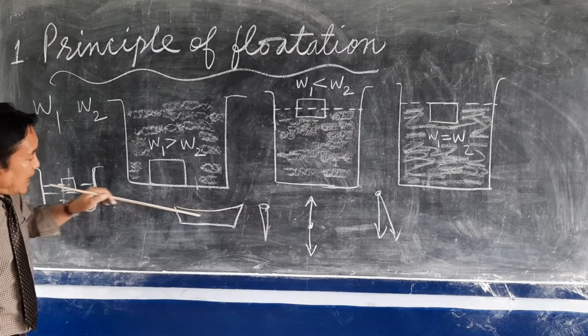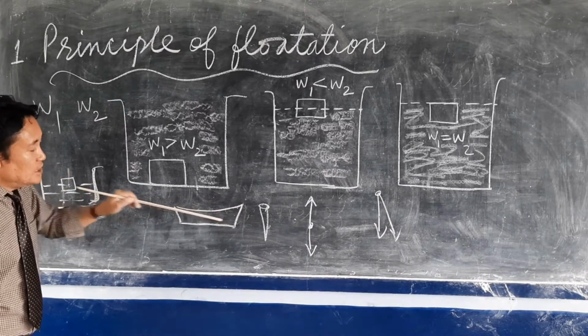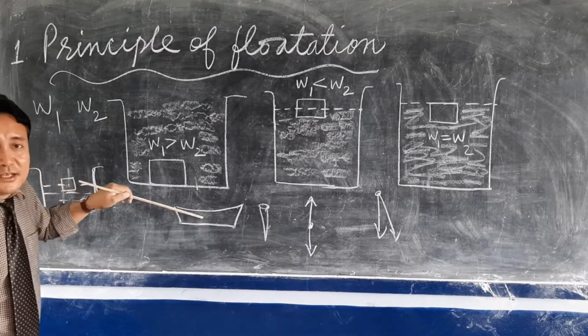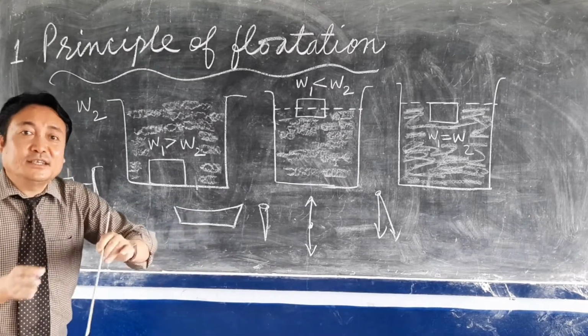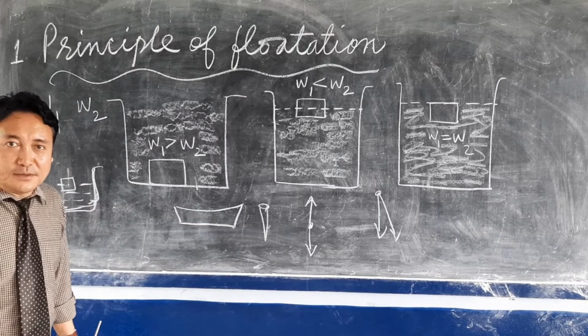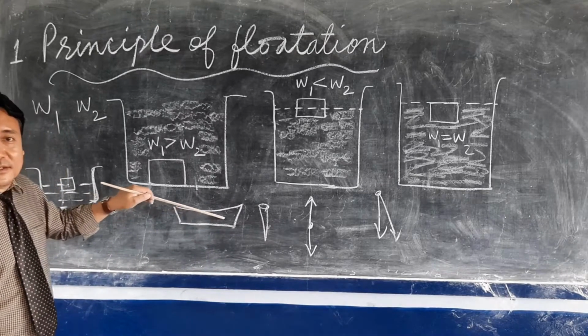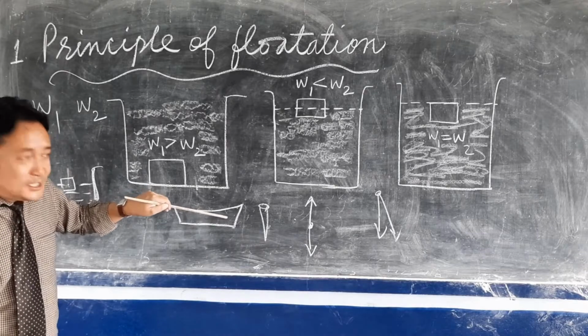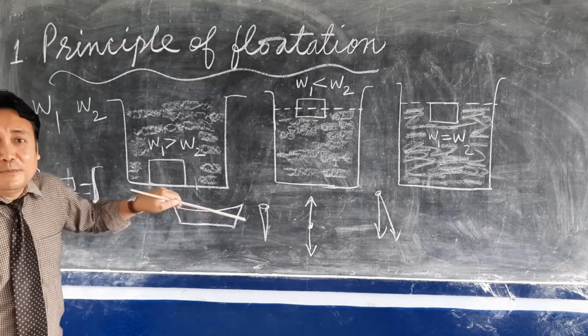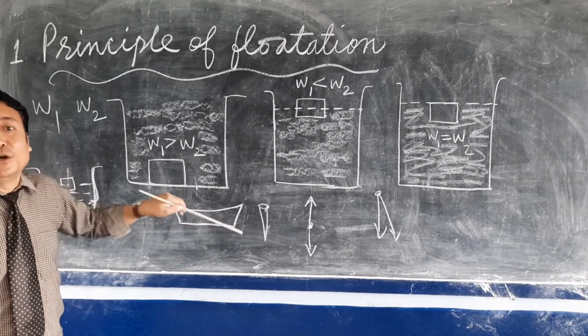Though the ship is made of iron, it is constructed so that the inner part is hollow. The weight of the water displaced by the ship becomes equal to the weight of the ship.